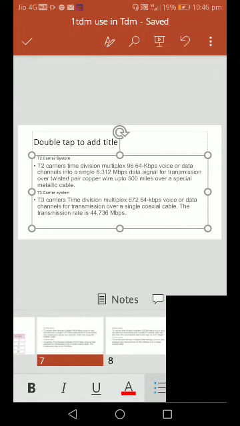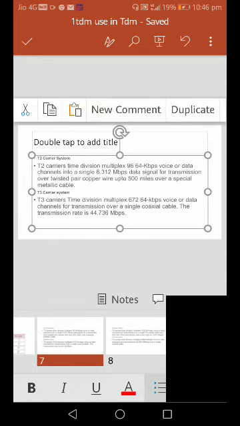Then we have the T3 carrier system. T3 carriers time division multiplex 672 channels of 64 kilobits per second.